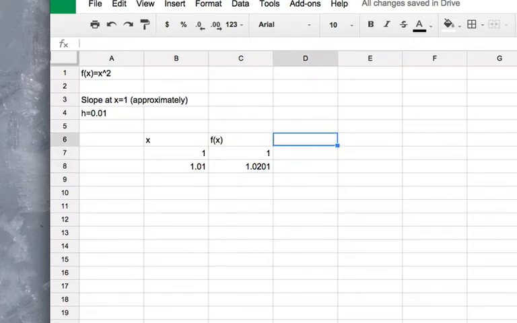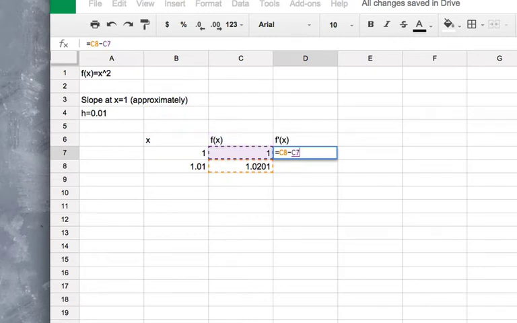And now to calculate an approximate f prime using the secant formula, I would take the difference between the f values and divide by the difference in the x values. So that would be C8 minus C7. But now if I'm going to divide, I have to put those in brackets.